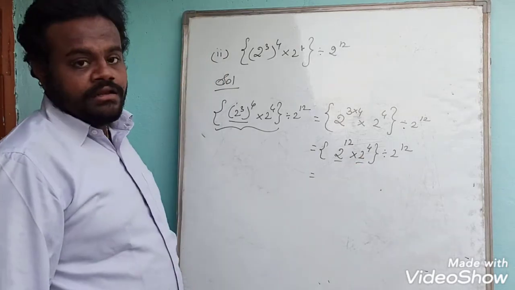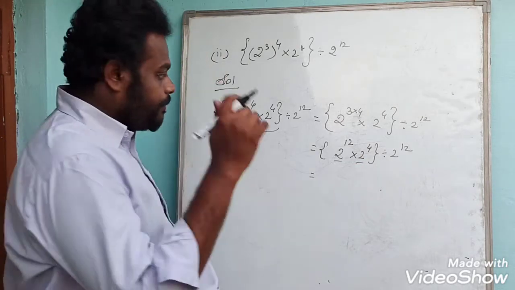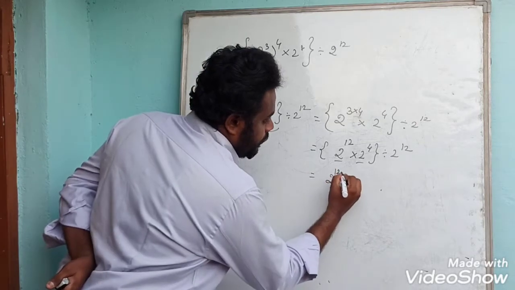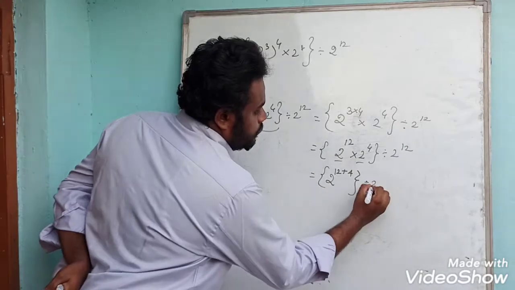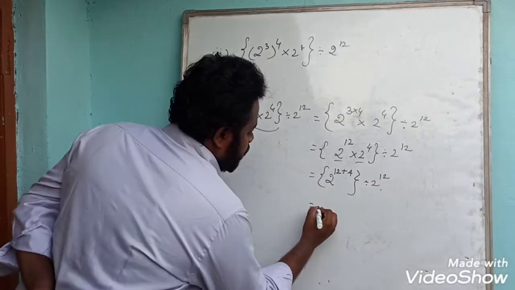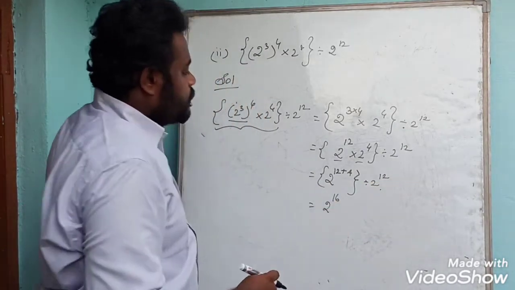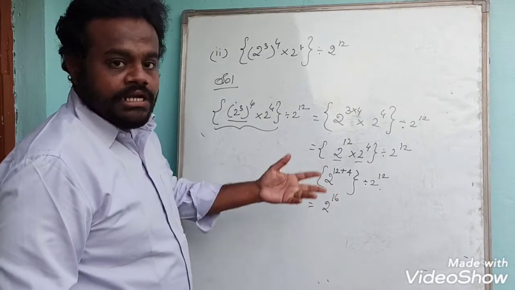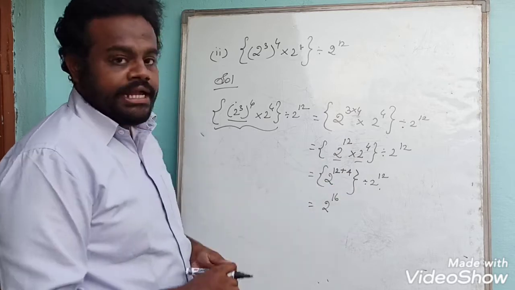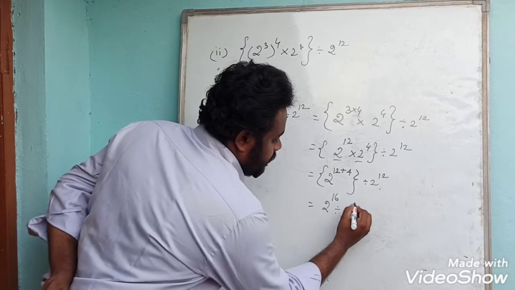In multiplication, what do we have to do? We have to add the powers. 2 power 12 plus 4, so now we get 2 power 16. So we have to solve everything. There is no multiplication or addition left, so you cancel this bracket.